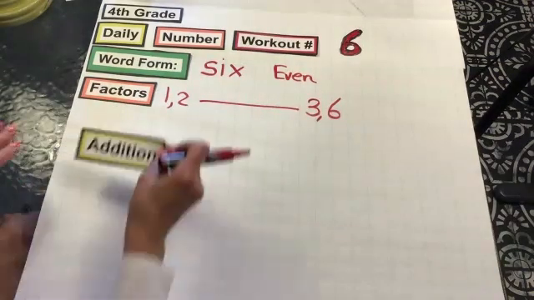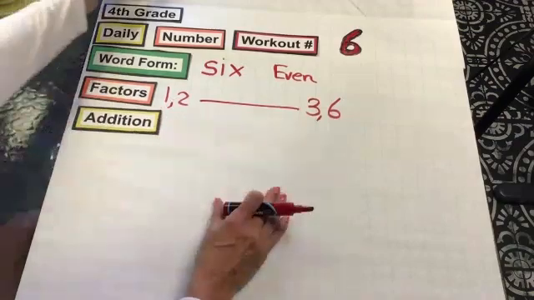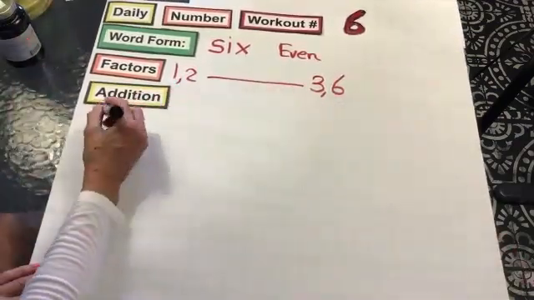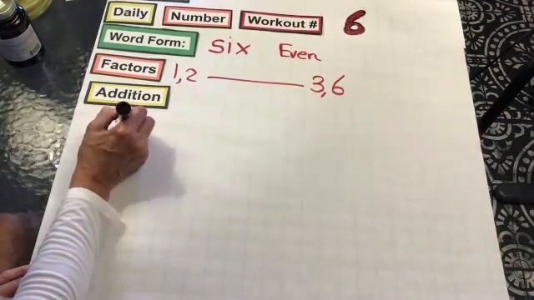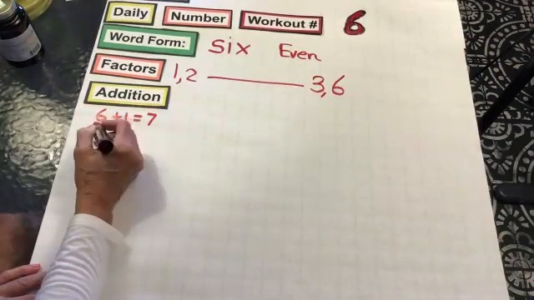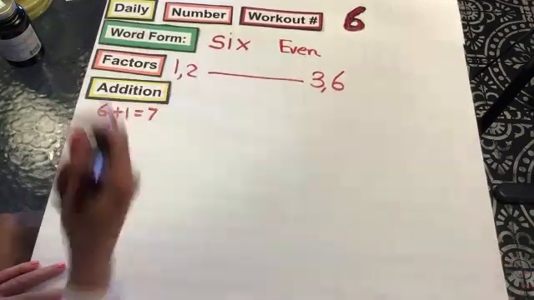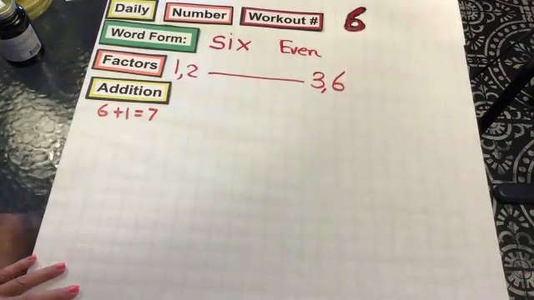Looking good. All right, let's go into our addition for the number 6. So we have 6 plus 1 equals 7. And you should be able to do these very quickly. If you don't, just practicing these first 10 is so incredibly important.